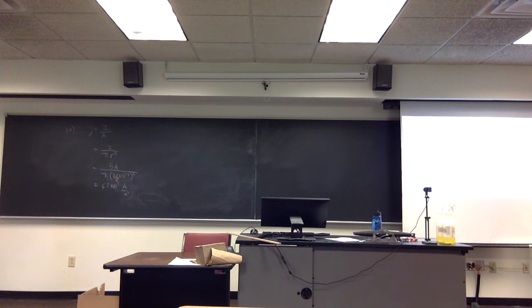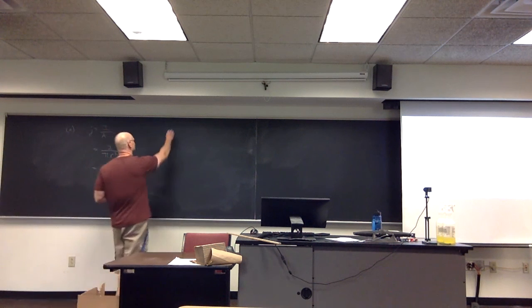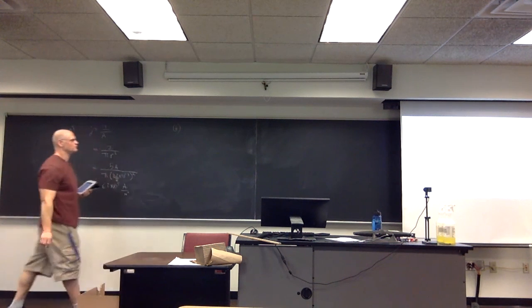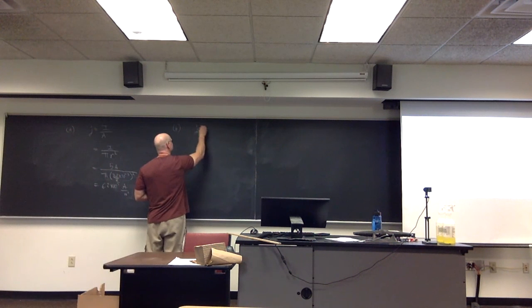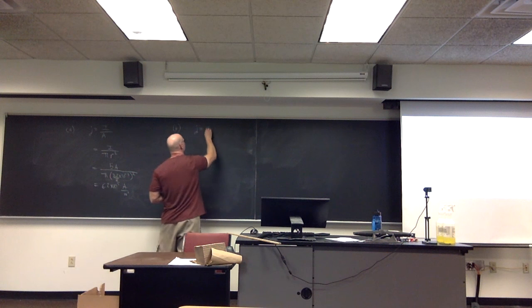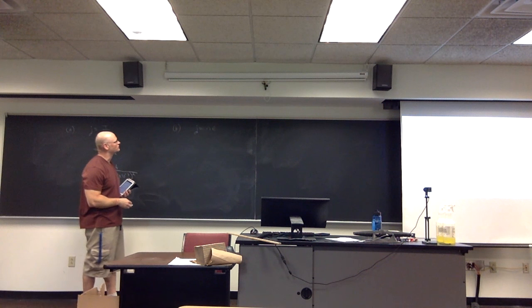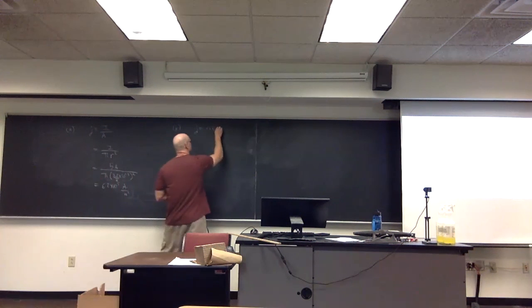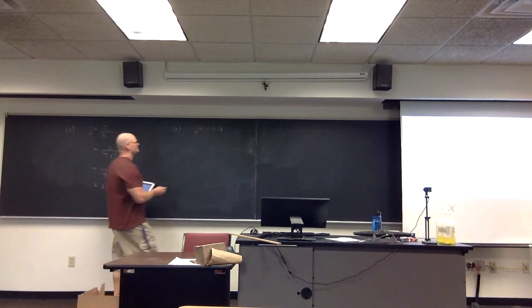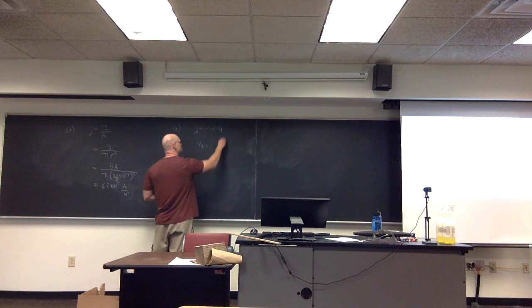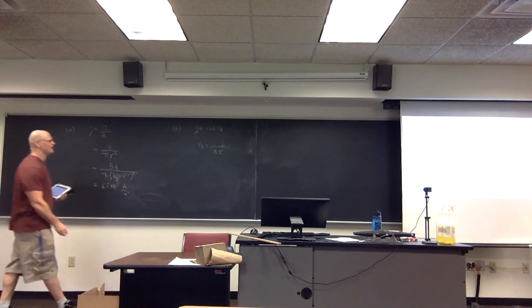In part B, it also wants me to find the drift velocity. So how fast are these electrons moving through our copper wire? We now know that the current density is related to the drift velocity by the charge density times the charge of our charge carriers, which in this case are electrons. So these have a charge of the fundamental charge, times the drift velocity. So the drift velocity is equal to the current density divided by the charge density times the charge of an electron.